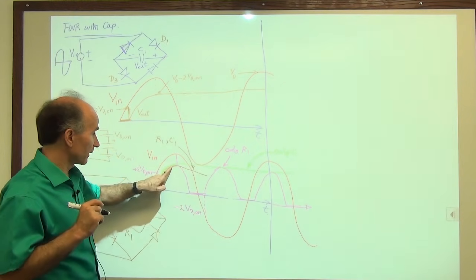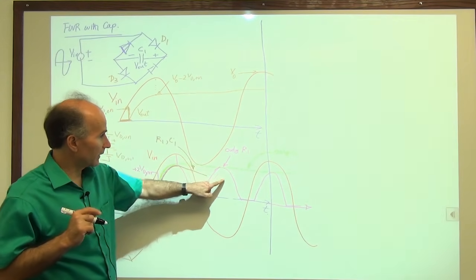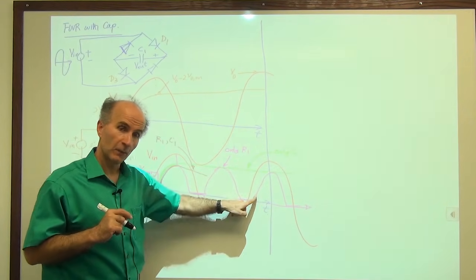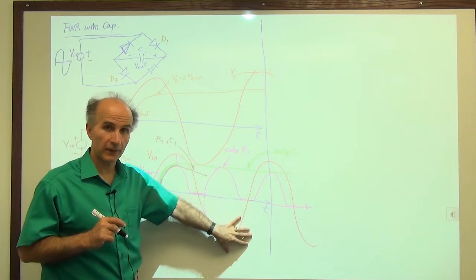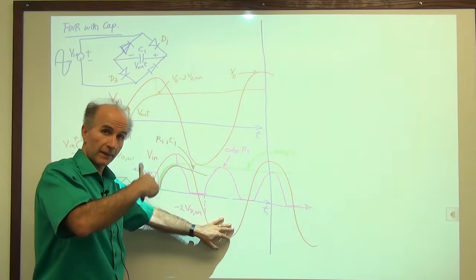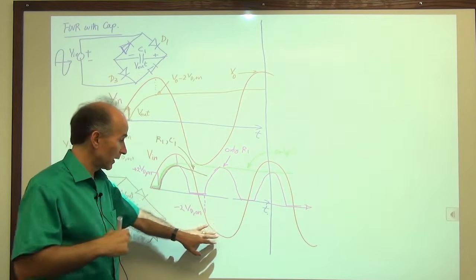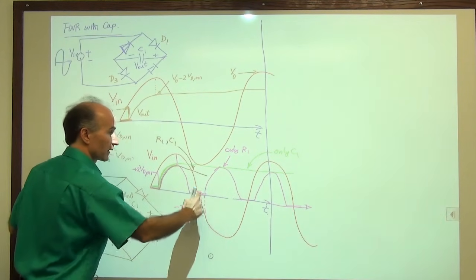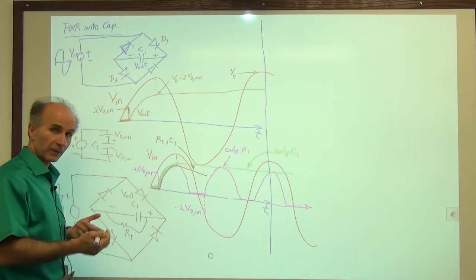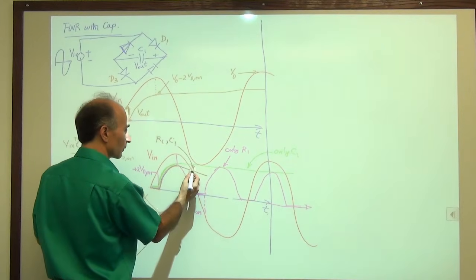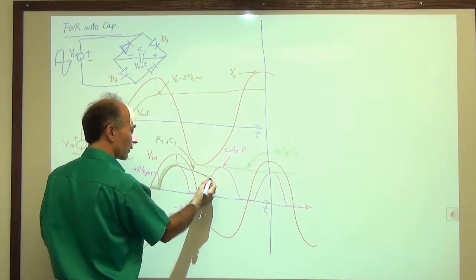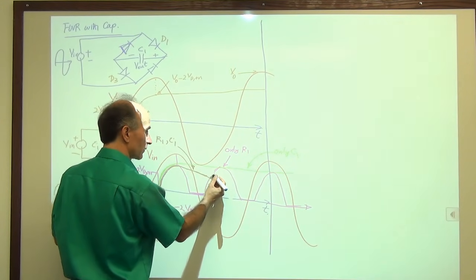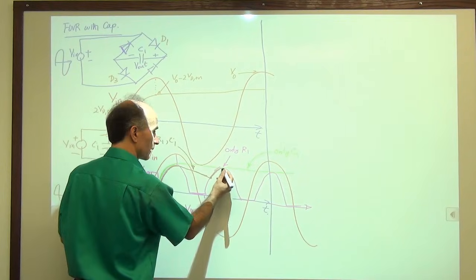In the half-wave rectifier, we didn't stop here. We decayed all the way to this next cycle, right? Because nothing was happening for the negative half cycle. But in our case, in the full-wave rectifier, we have turned on these diodes for this cycle. So these 2 diodes begin to charge the capacitor again. So the capacitor discharges, and once we reach here, the diodes have turned on, and they begin to charge the capacitor.